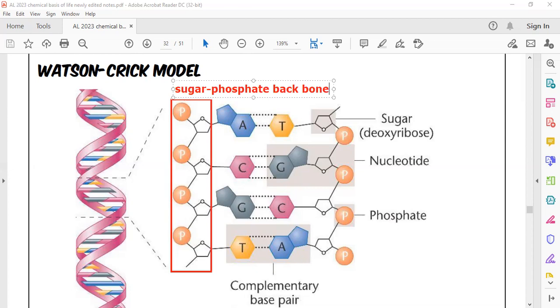The chain is created by the sugar phosphate components, and they make the sugar phosphate backbone.